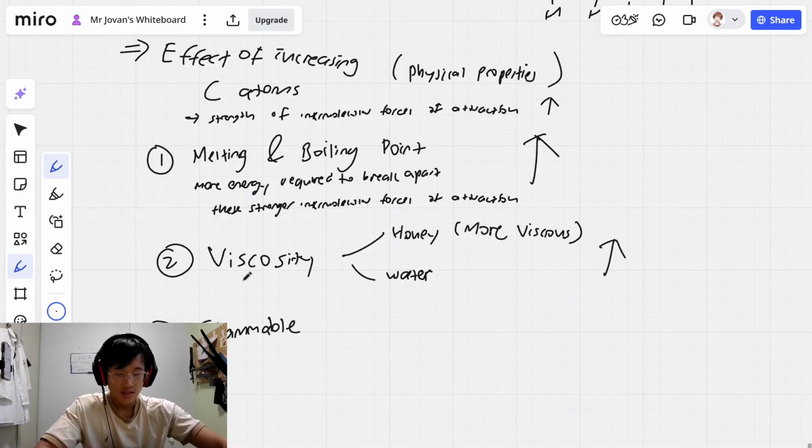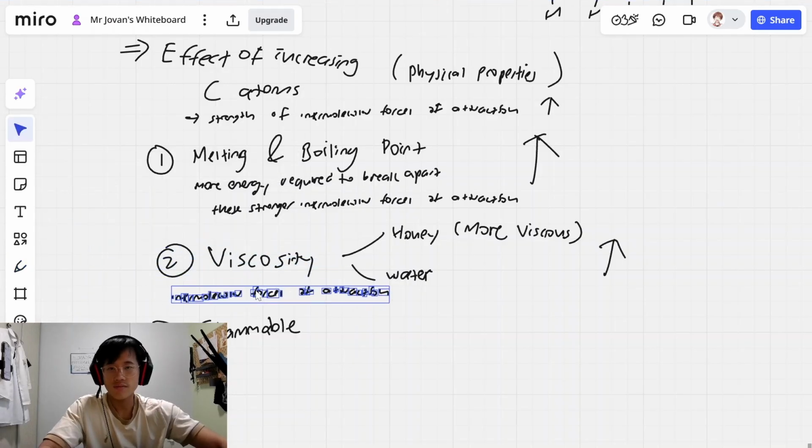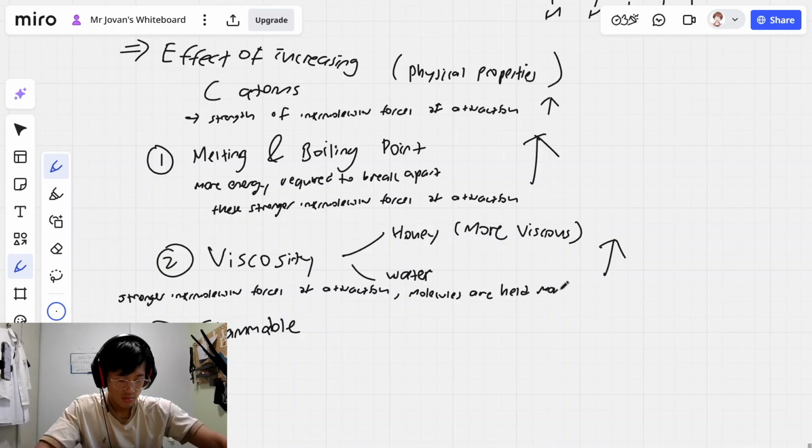Because now there is stronger intermolecular forces of attraction. We must remember the keyword stronger. Since there is stronger intermolecular forces of attraction, the molecules are held more strongly together.